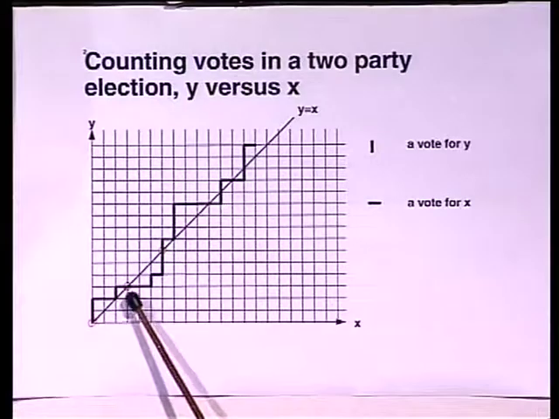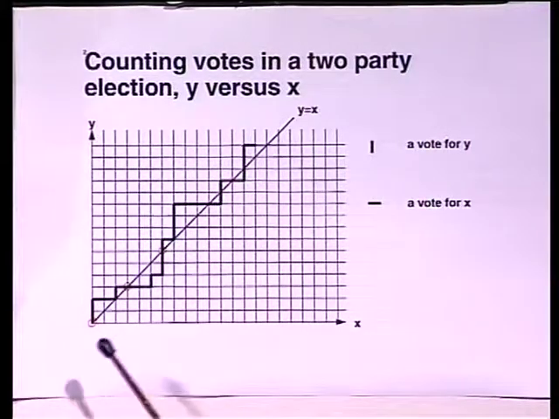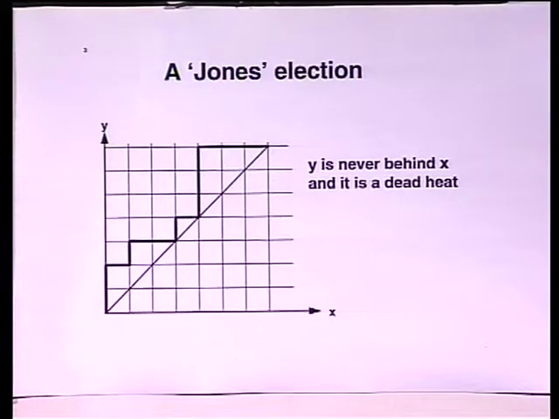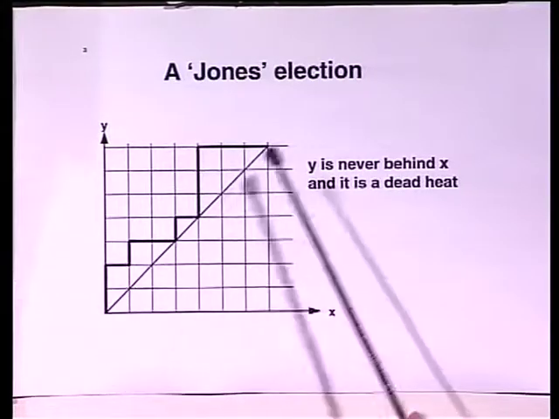But I would like to focus on these interim parts of the count where one candidate is never behind the other. So let's have a look at one of those parts of the count where one candidate has never fallen behind the other.